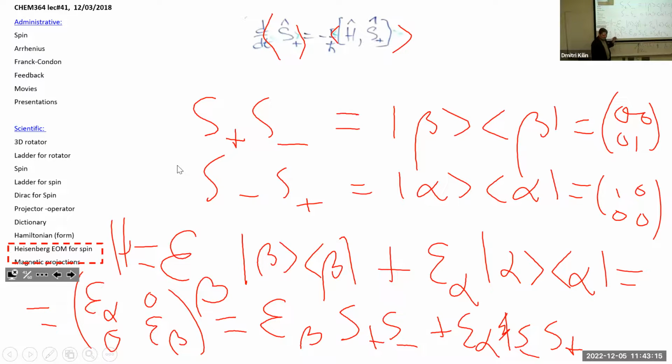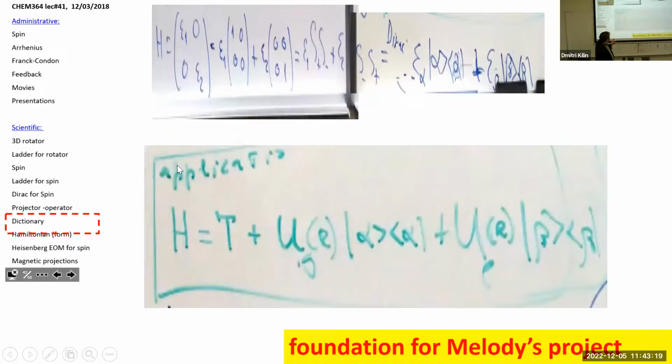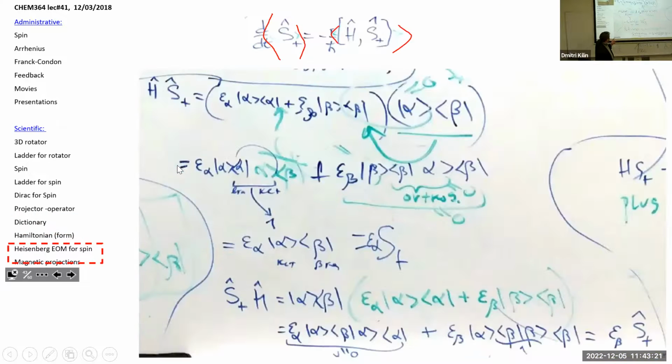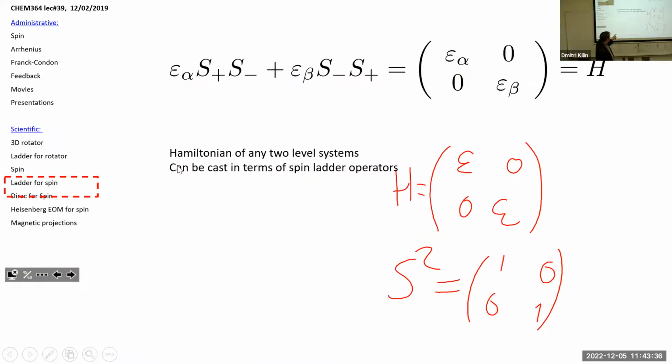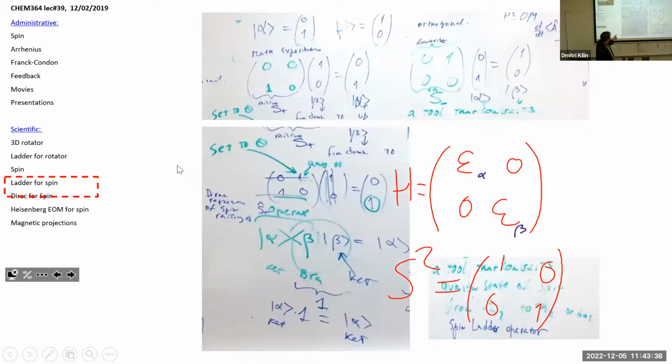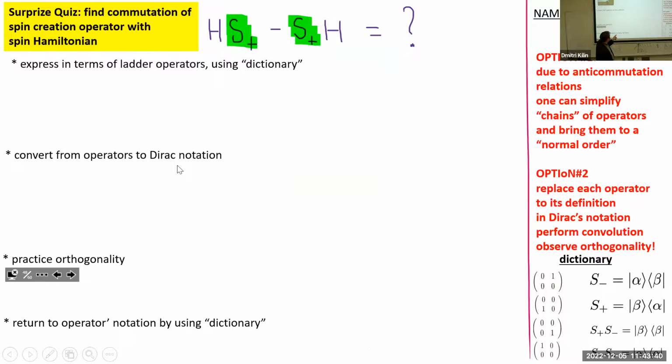That is a little thing that we can always settle. Most important is to play with operator algebra. Now, by the way, this is the answer key to what we need to do. I'm just looking forward.